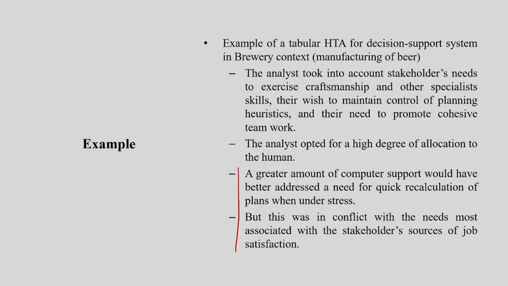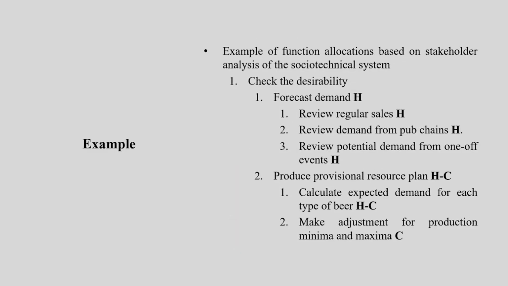Now for this particular example, let us see how the analyst did the allocation. H means human, C means computer, HC means both human and computer, where human has more control. CH means computer and human both have a function, however computer has more control.